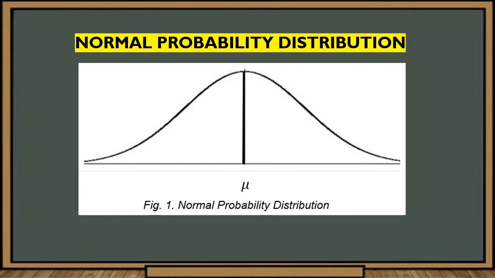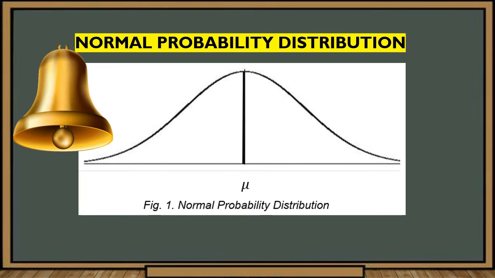So ano yung itsura ng normal probability distribution natin? If you have noticed, we have there the picture, the normal probability distribution. And if you agree, it is bell-shaped. Parang yung hugis niya, kahugis niya yung bell. That's why it is also called bell curve.